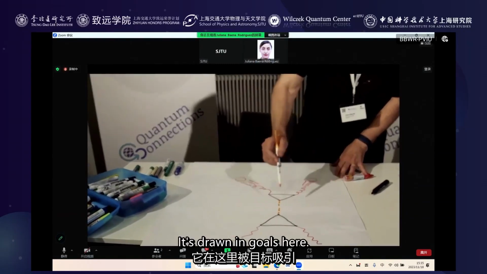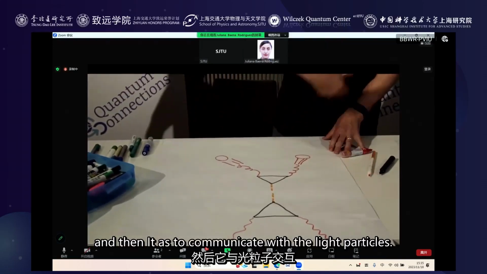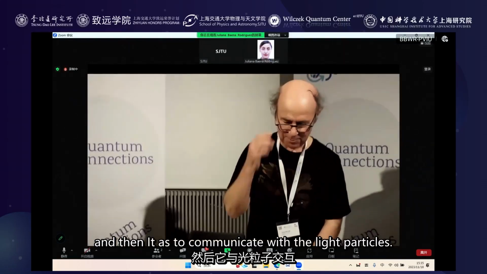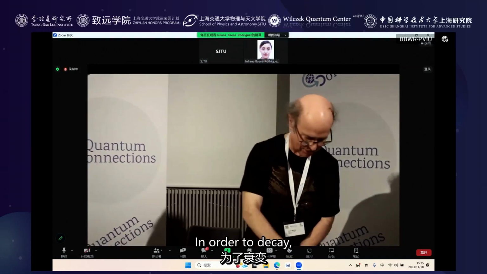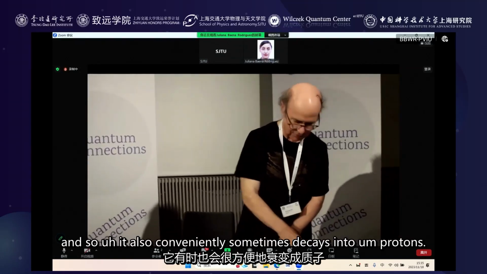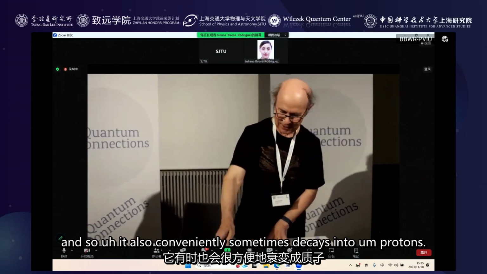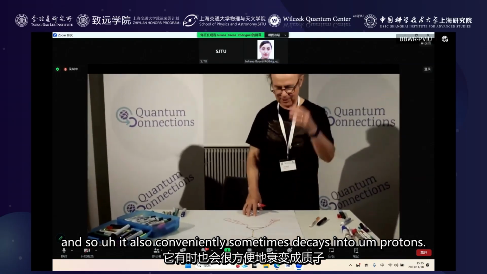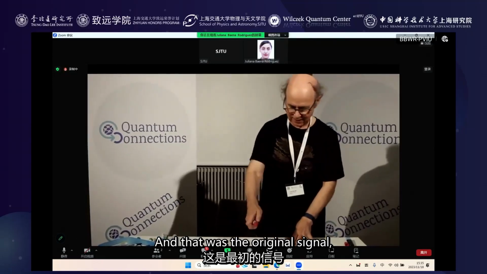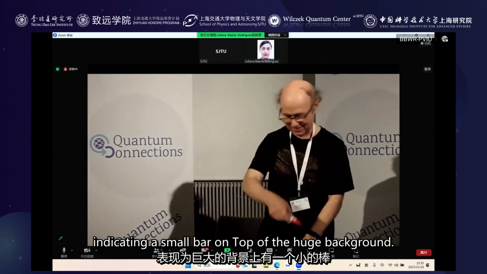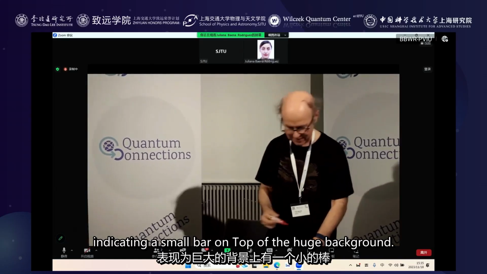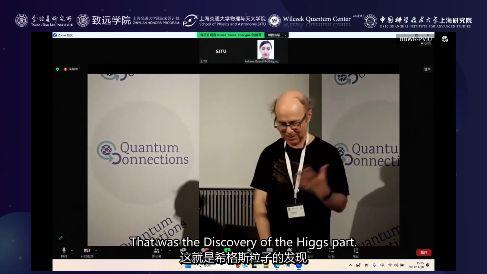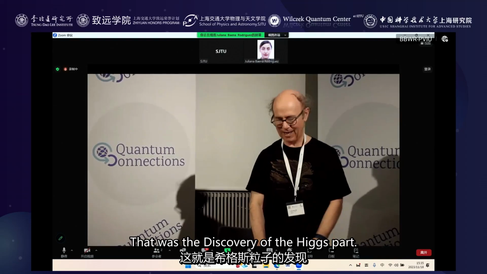It's drawn in gold here. And then it has to communicate with light particles in order to decay. And so it also conveniently sometimes decays into photons, and that was the original signal indicating a small bump on top of a huge background. That was the discovery of the Higgs particle.